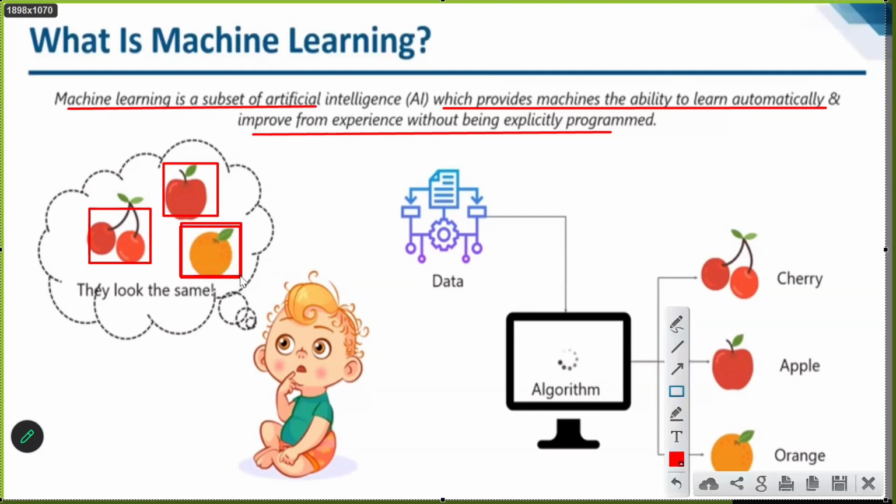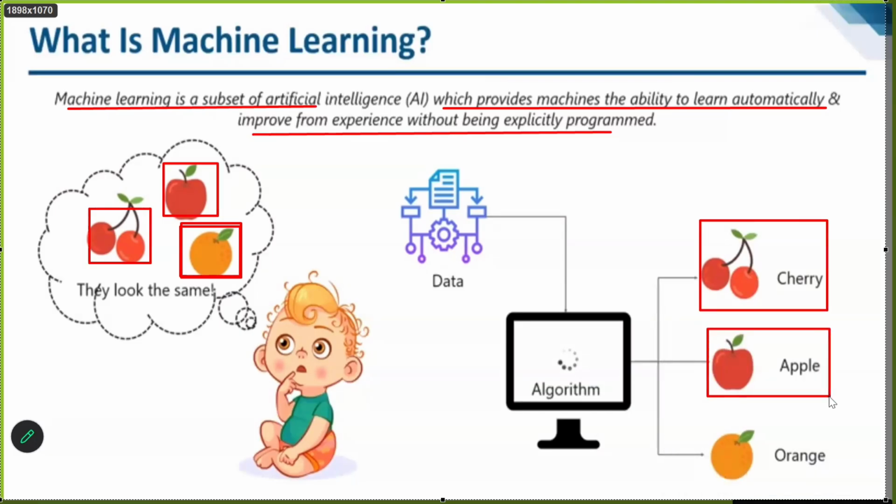So we feed the data in our mind, and once we see the image of cherry, we recognize it as cherry. If we see apple, we recognize it as apple. If we see orange, we recognize it as orange.